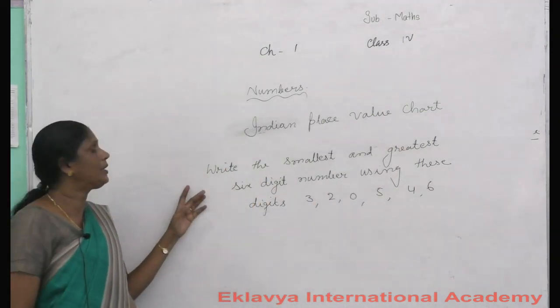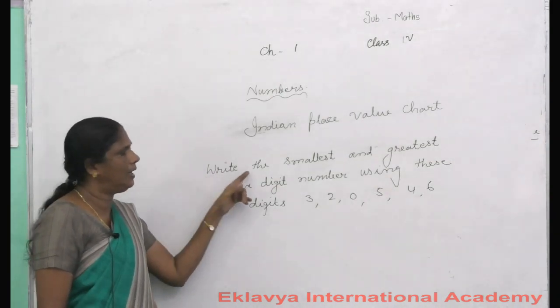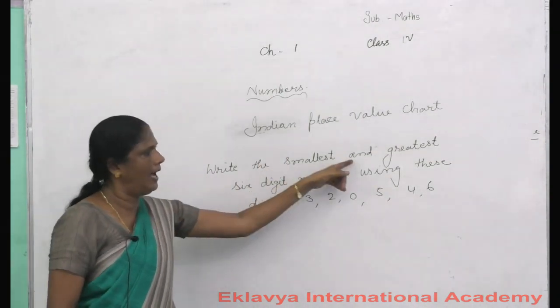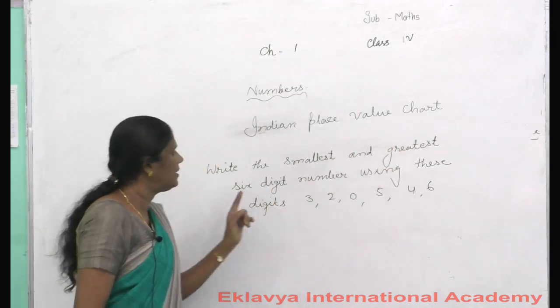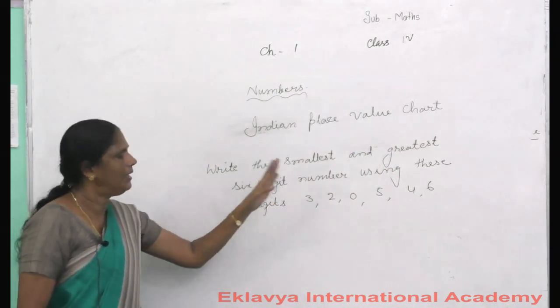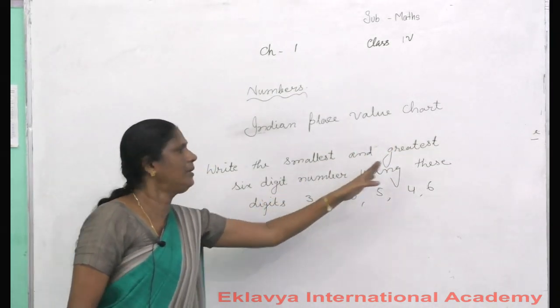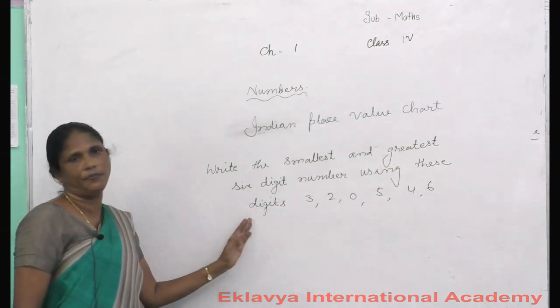Again, read the question. Write the smallest and greatest 6-digit number using these digits.